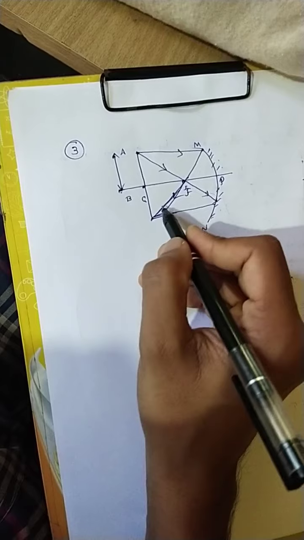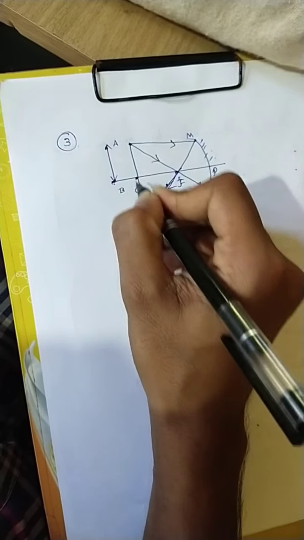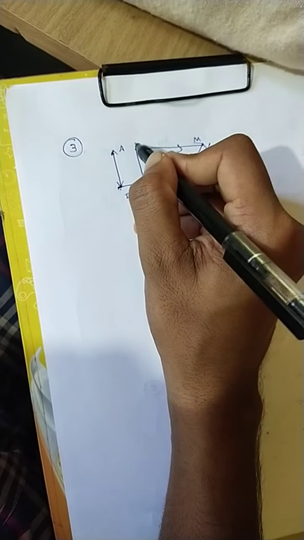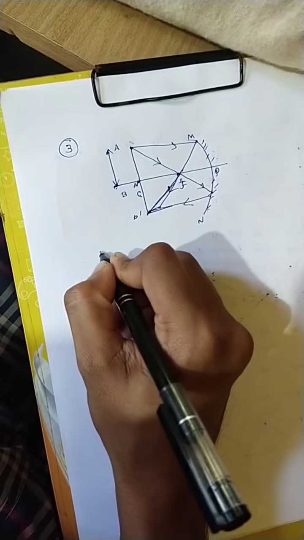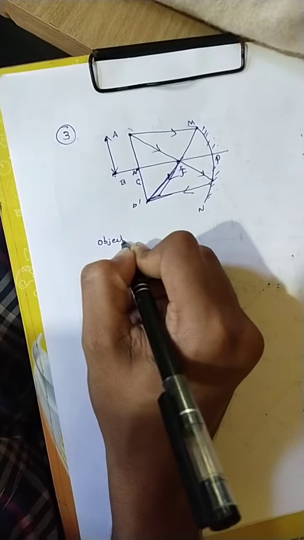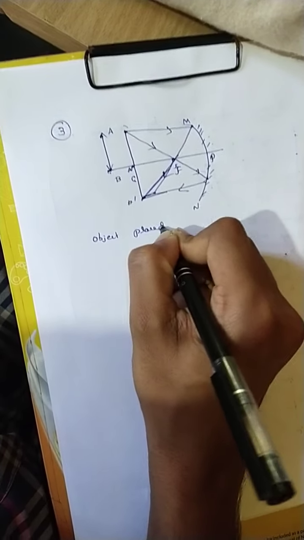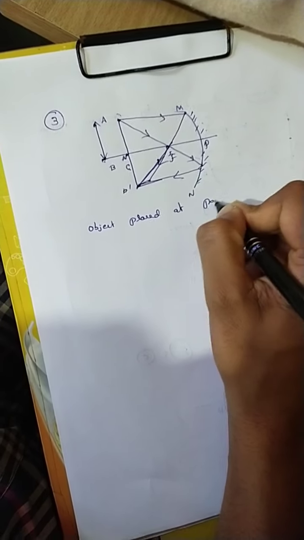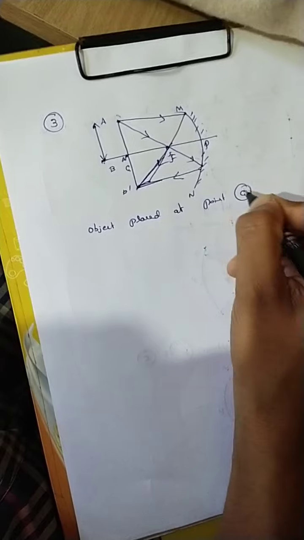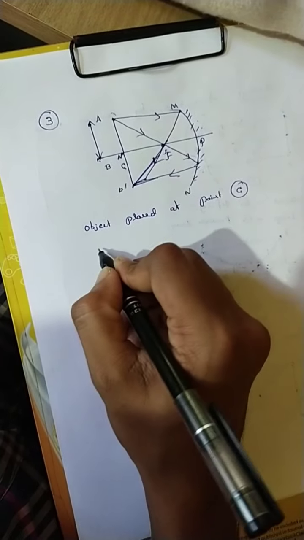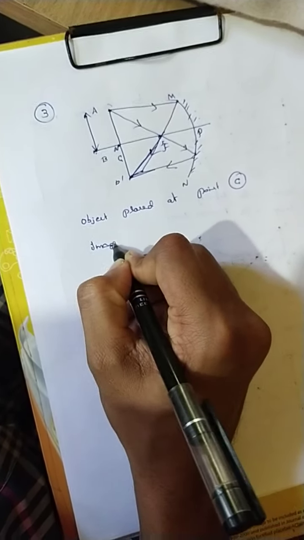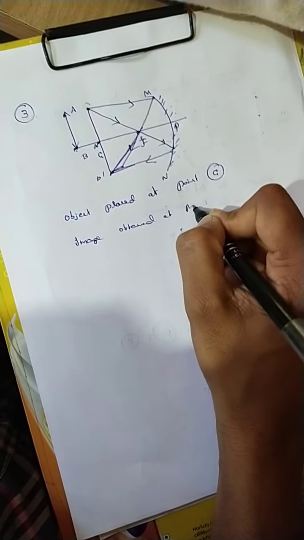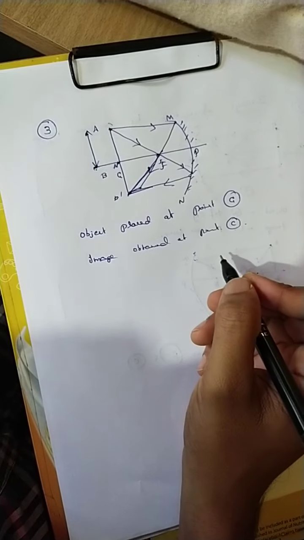Both the reflected rays join at one point. The distance is A dash B dash. Right. Now you can take here the object placed at point C, you know C means center of curvature, and the image is obtained at the same point, the center of curvature.